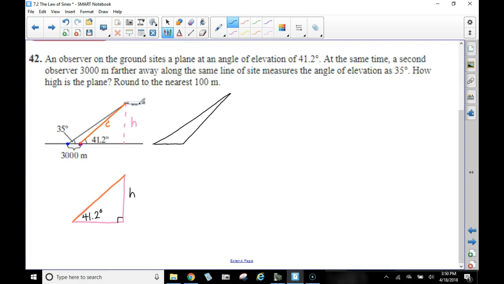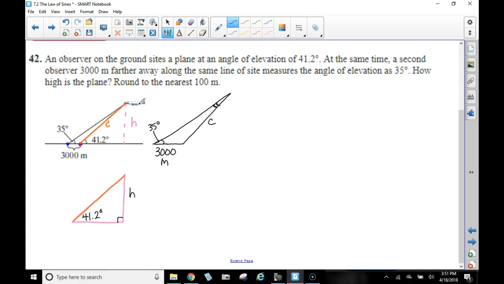This angle in here is 35 degrees, and we're trying to find the side opposite of that. Well, we need a pair of something. We know that this is 3,000 meters here. That would be helpful if we had the angle opposite it above, that little bitty angle up there.